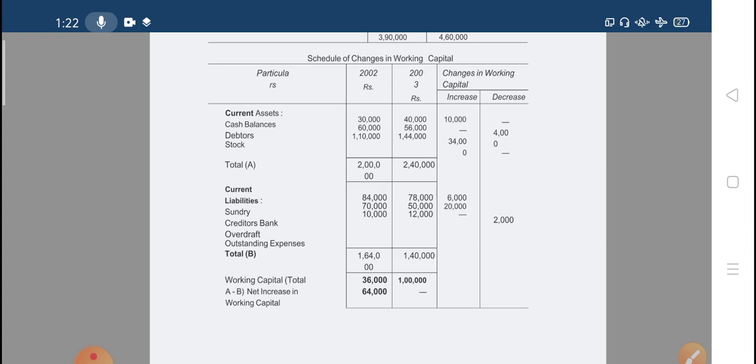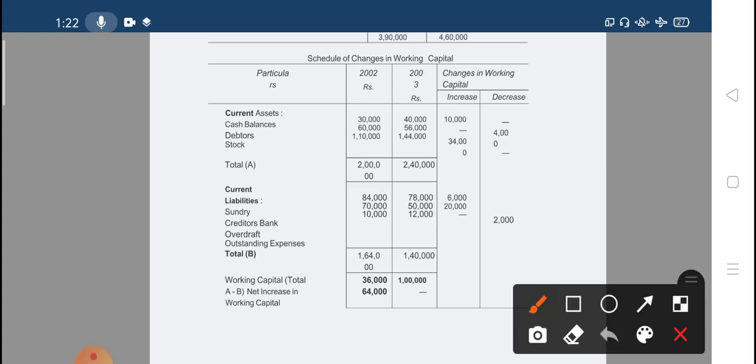What are all the current assets? Cash balance, 30,000 for 2002 and 40,000 for 2003. So there is an increase of 10,000.